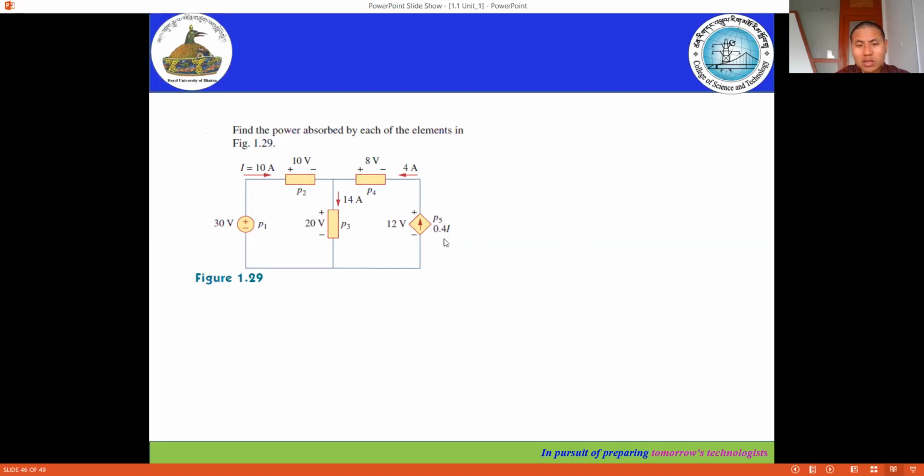It is controlled by this branch current, which means we have to multiply 0.4 times 10. Here you see this current source is controlled by this branch current, which means you have to multiply 0.4 times I.